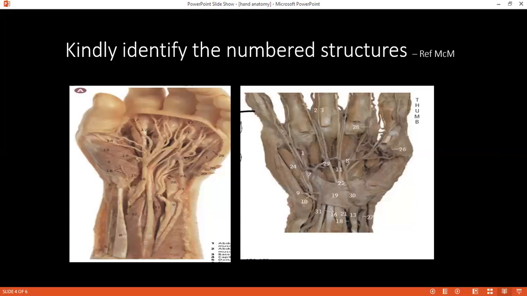How would you rule out ulnar nerve palsy? Ulnar nerve palsy, I will ask the patient to adduct the thumb, or do Froment's test, and maybe I can test the sensation of the dorsal or palmar one and a half fingers medially, and the medial third of the dorsal and palmar hand.